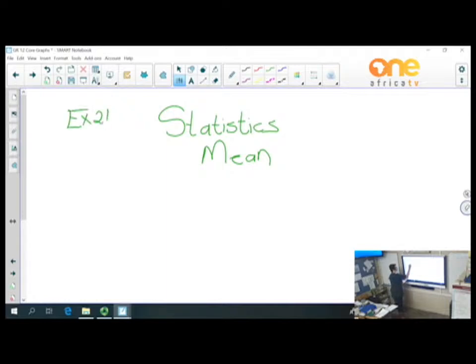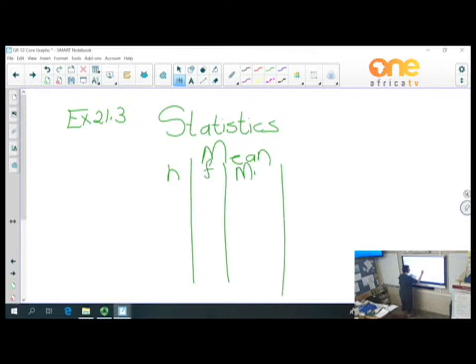That is where we have to calculate now the mean. So we made the columns of the height, then the frequency, then the column of the mid value, and then fx. We did all the columns already yesterday.